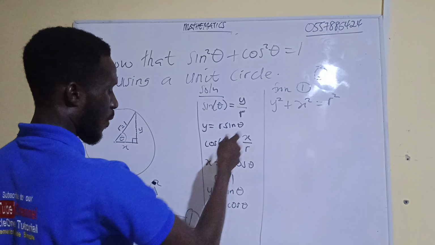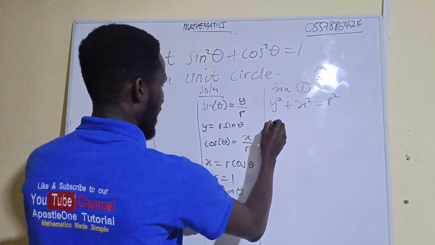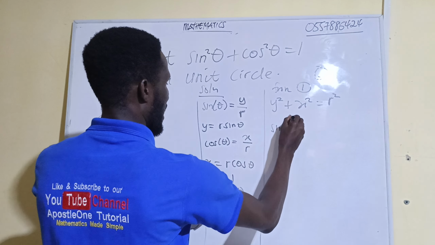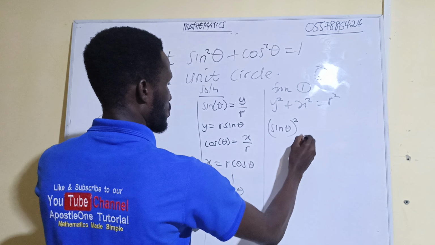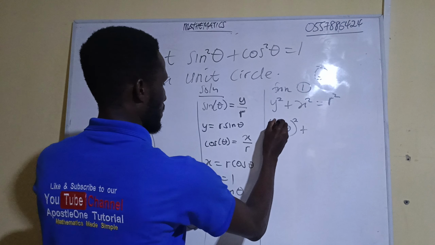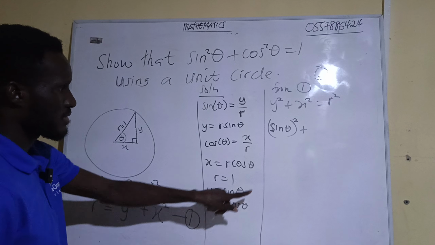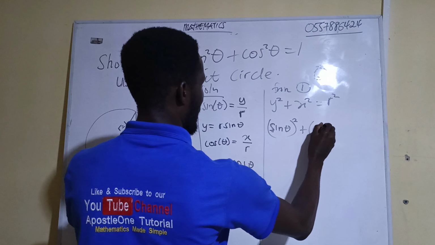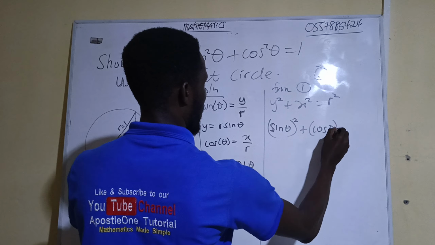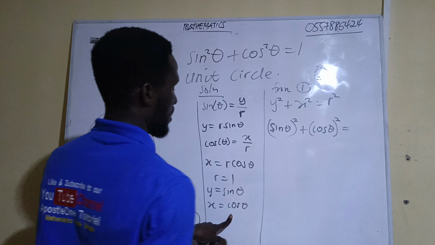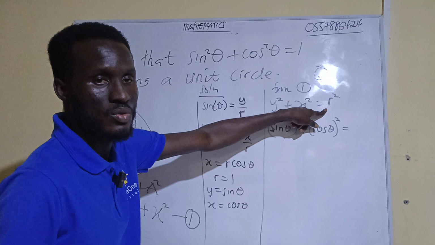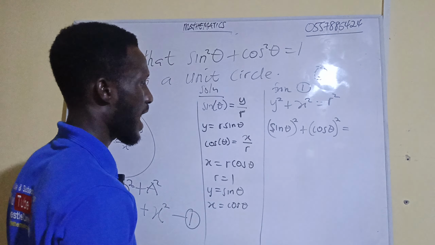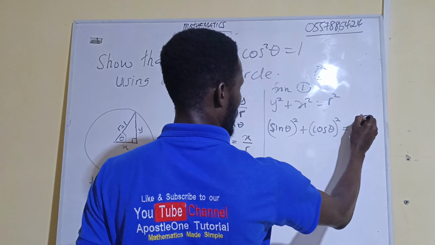Now what is y? Y is sine theta, so sine theta all squared. What is x? X is cos theta, so we have cos theta all squared, equal to r squared. What is r? R is 1, so 1 squared.